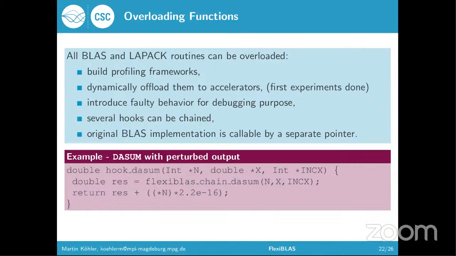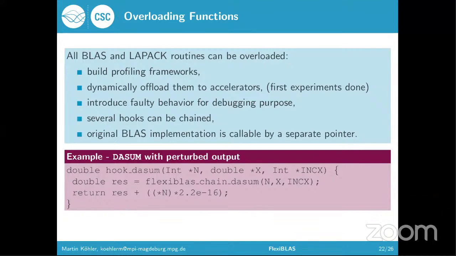We already did some experiments to dynamically offload code to accelerators, so you can check the function arguments, for example. If the matrices are large enough, then directly move them to accelerator devices like NVIDIA GPUs or AMD GPUs. And if the matrices are not large enough, it's passed back to the BLAS library you have loaded.